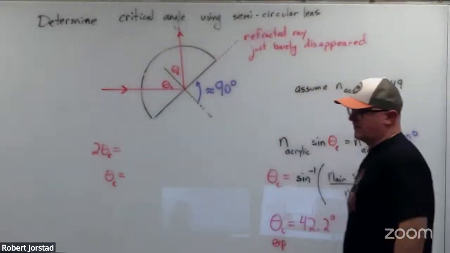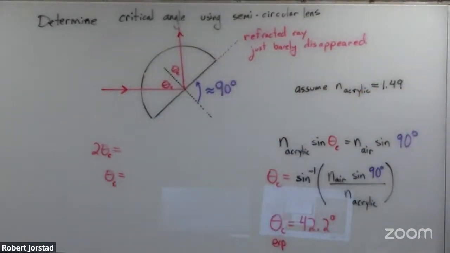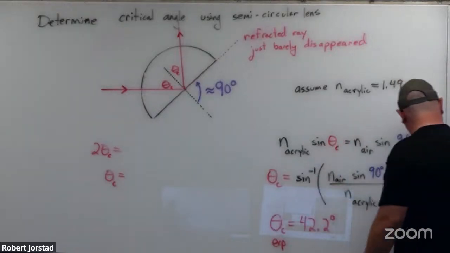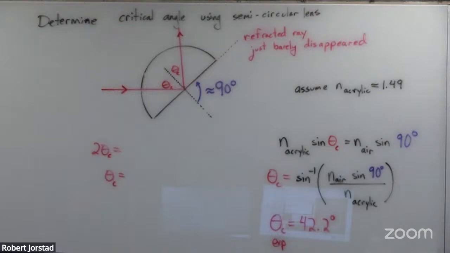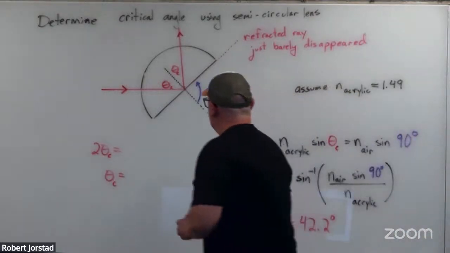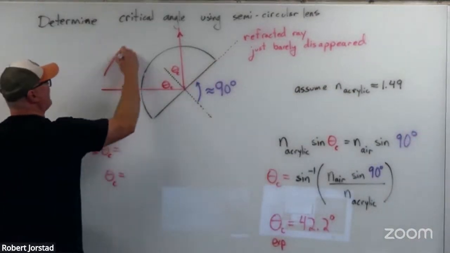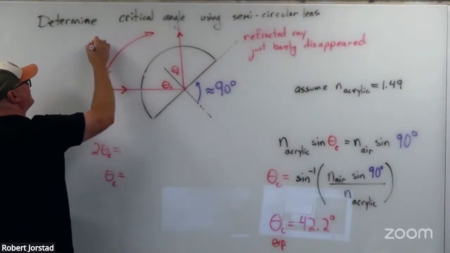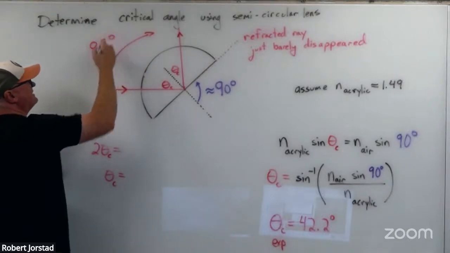All right, so I've got this drawn up here. You can see this is the situation we had. And what did we discover there? There it is. We said that this entire angle right here was about 85 degrees.